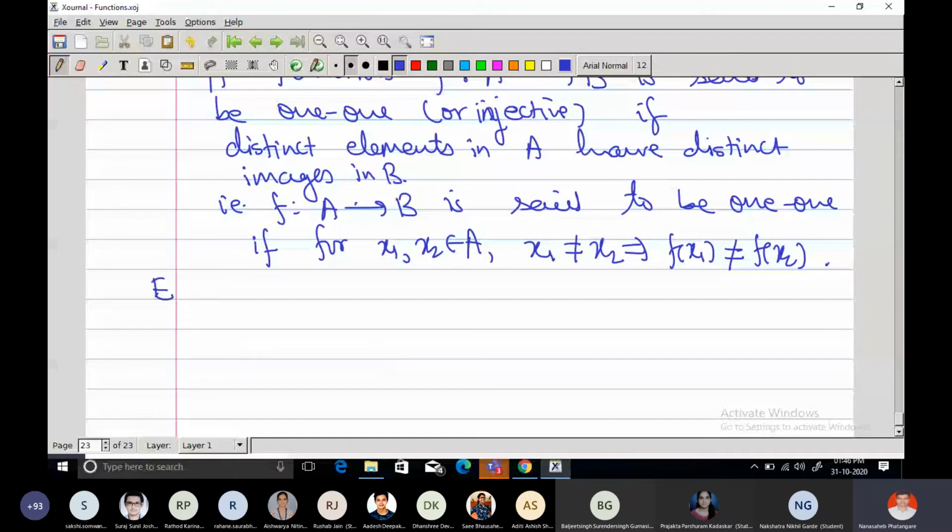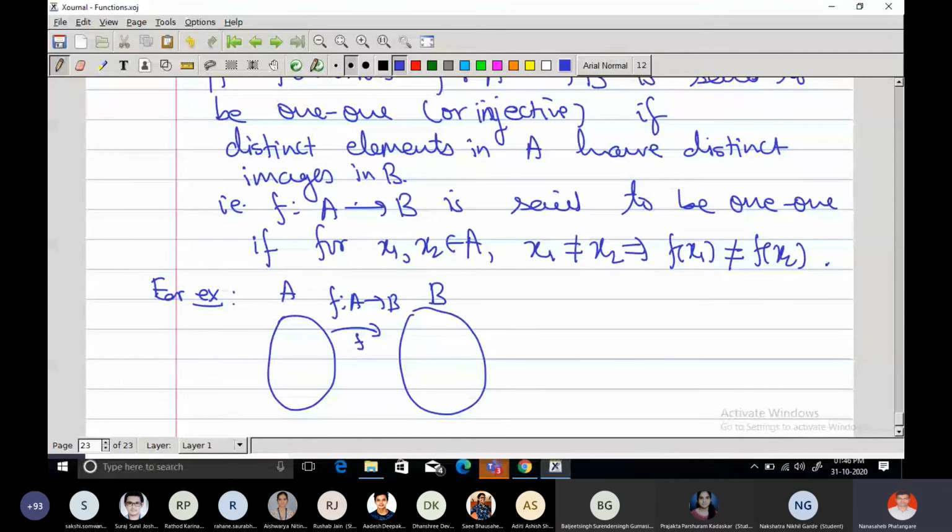So for example, if I have a set A and set B and f is a function from A to B, with A, B, C and D on one side and 1, 2, 3, 4 on the other. Is this a function?